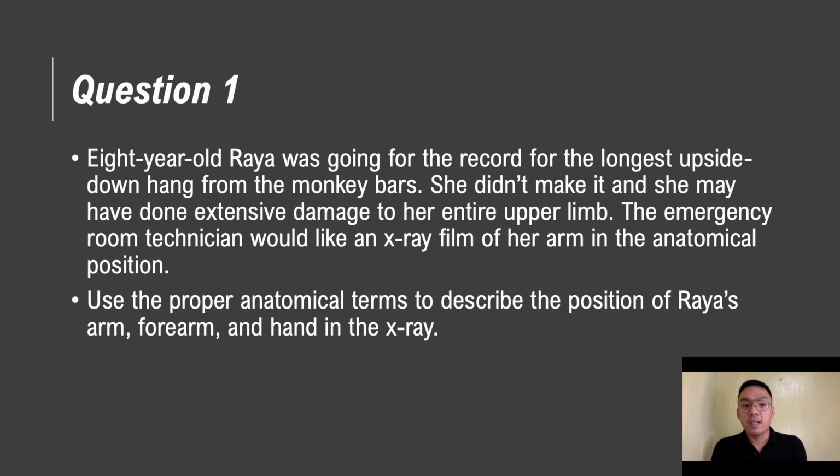Very good. On the x-ray, the bone of the arm, or brachium, the humerus, would be located most proximal. The two bones of the forearm, the antebrachium, the ulna and the radius, would be located distal to the humerus, with the ulna situated medial to the radius.